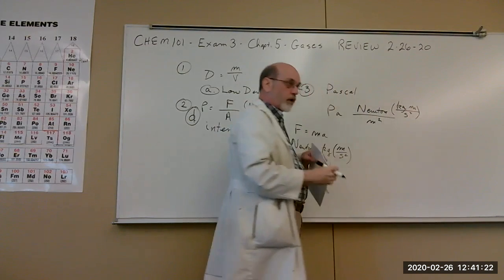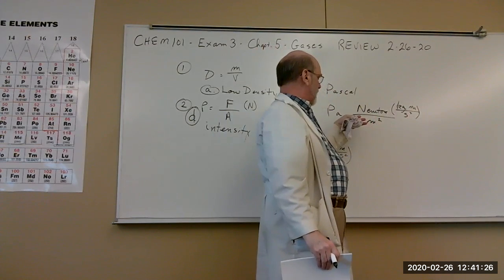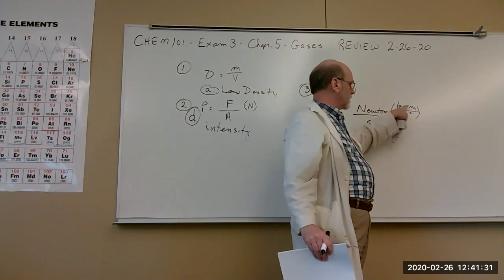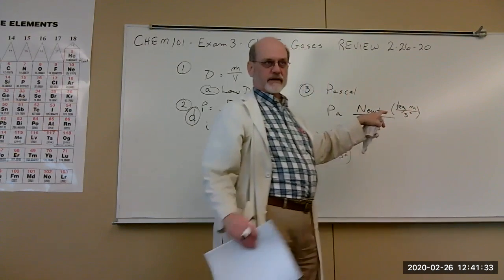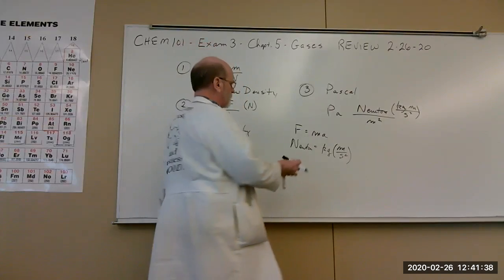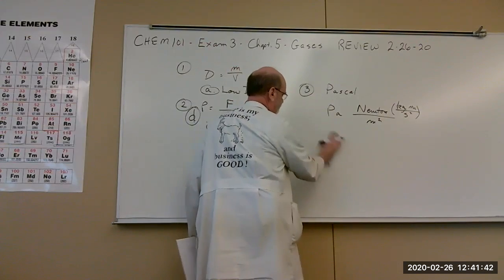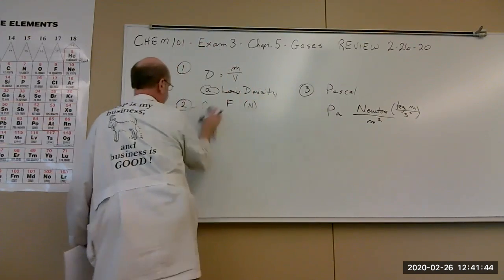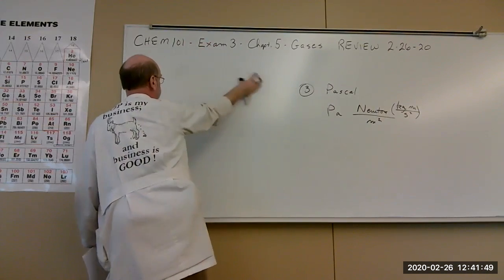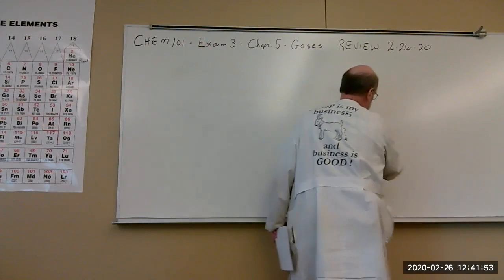If you need to make a conversion using pascals and your multipliers don't have newtons in them, look for this relationship. Kilogram meters per second squared is a Newton. I don't think I gave you any of those though. That's just information. All these things are related. They're designed to be related.